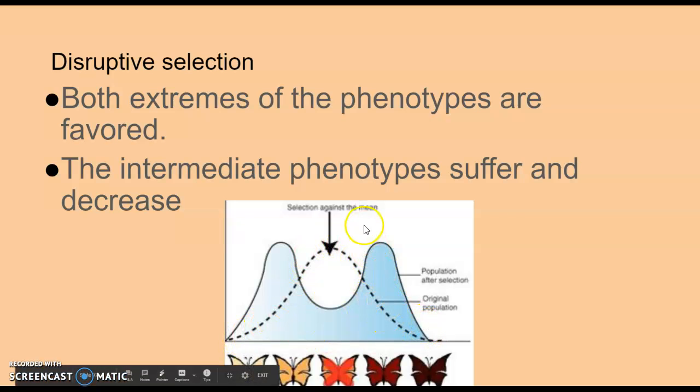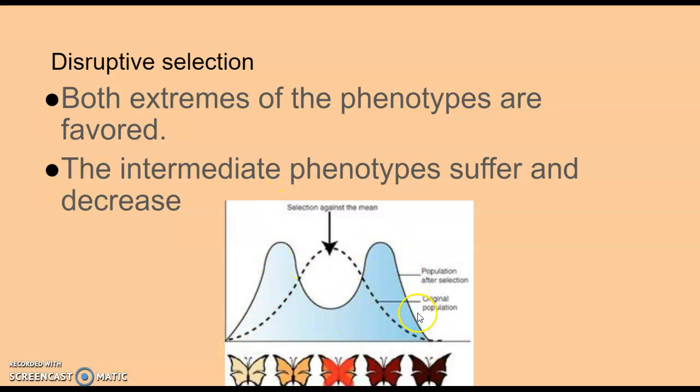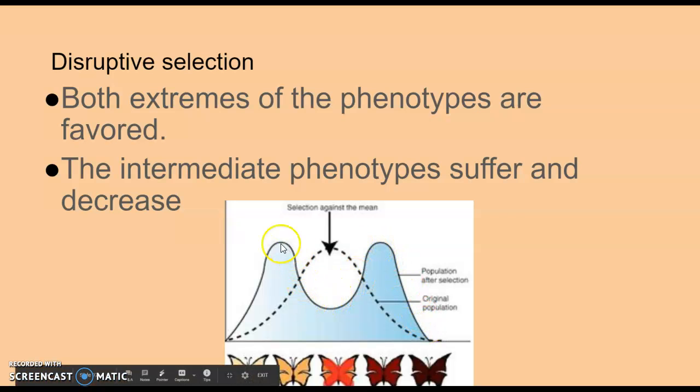This is my scenario where the two extremes happen to have the advantage, and my middle guy doesn't, and it starts to die off. So I can see visually how this graph is disturbed, right? It's nowhere near that normal distribution, and this is the most different graph I could see. So those are my three.